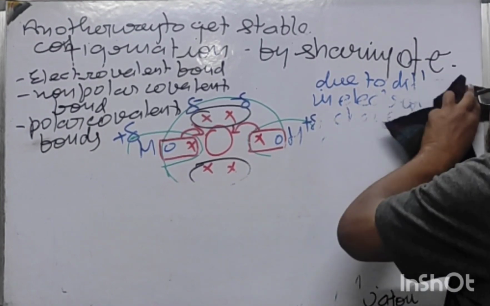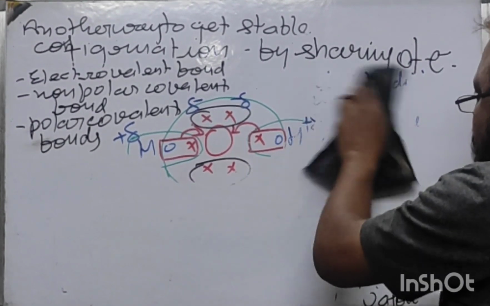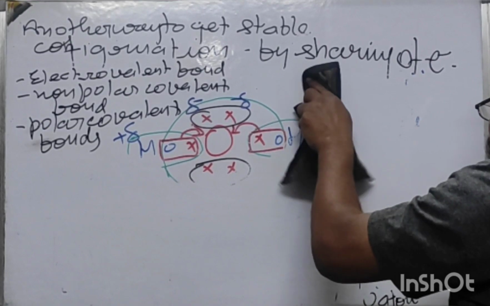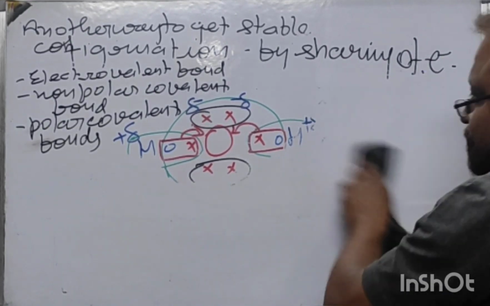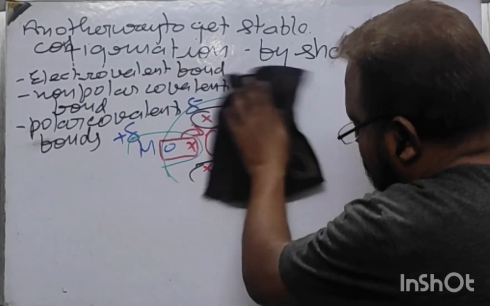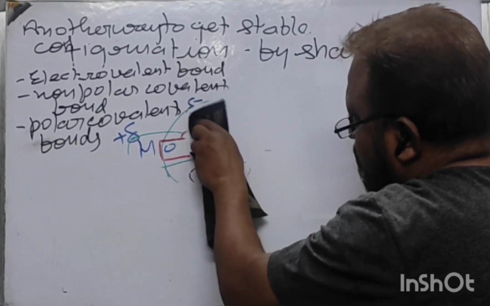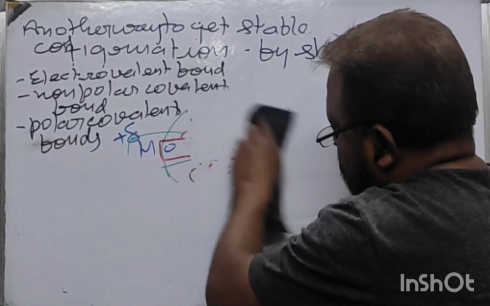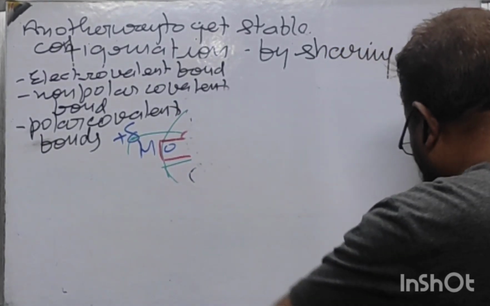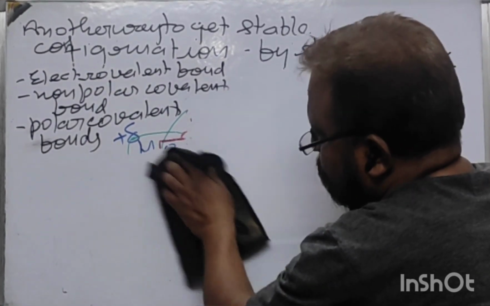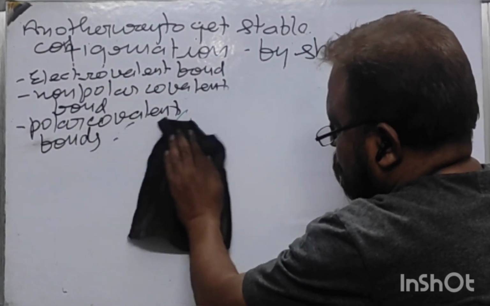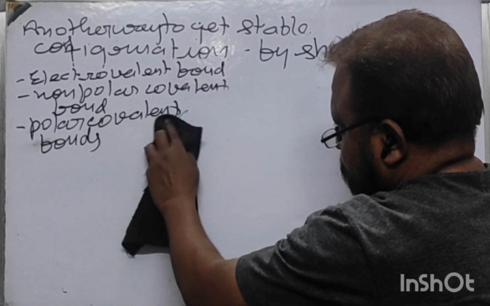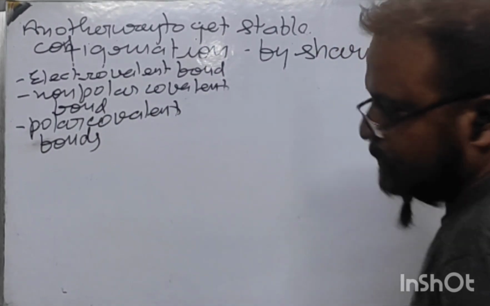Since between hydrogen and chlorine the difference in electron charge densities is very high, they can form an electrovalent bond as well as a covalent bond, polar covalent bonds, both, right?